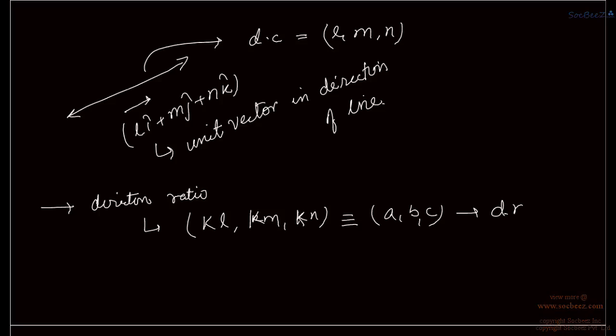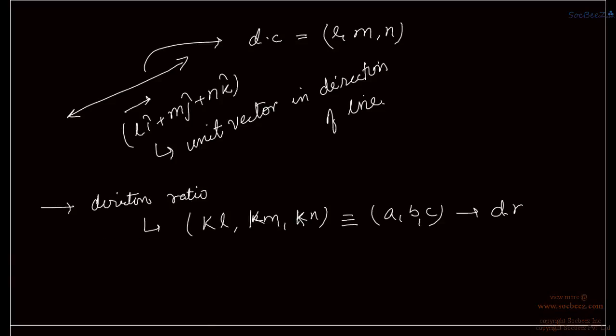So we can have different direction ratios. If you multiply direction cosine with any constant, we will get a direction ratio, right? Say we have a direction cosine as 1 by root 3, 1 by root 3 and 1 by root 3.